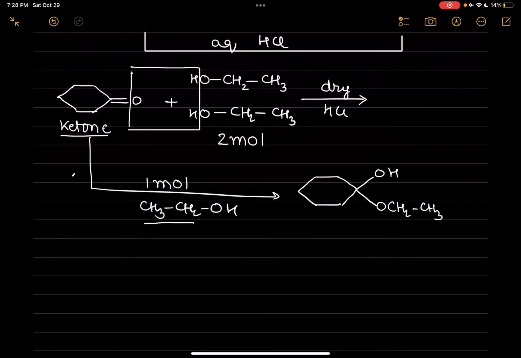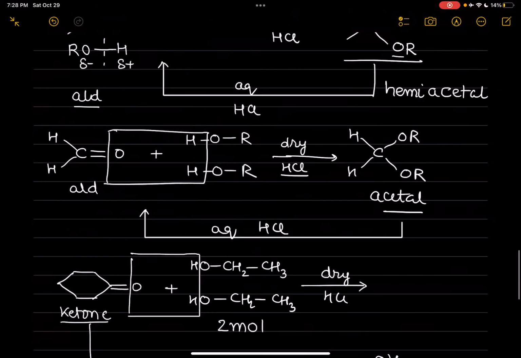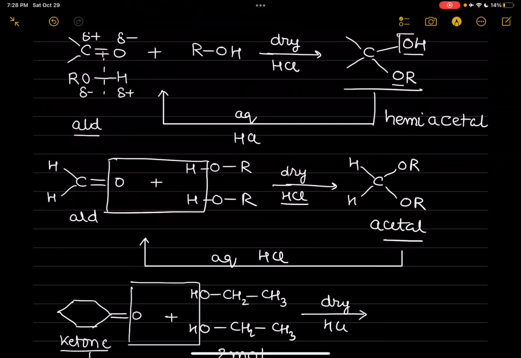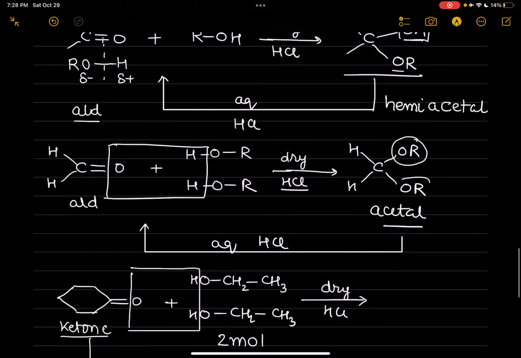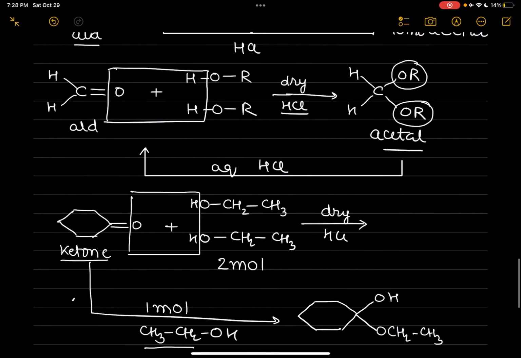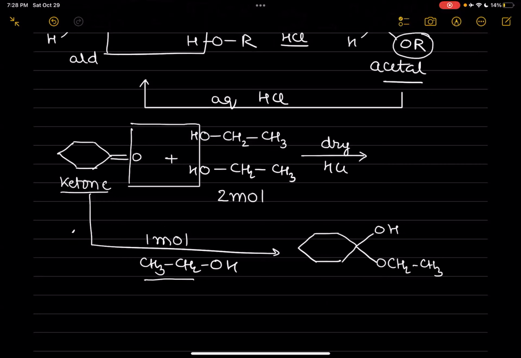It will be complete ketal. What I'm trying to ask: if there is one OH, if you add 1 mole of alcohol, it is always going to be hemi. Like in the above case, there was one OH and one ether group, so it was hemi. If you have two ether groups, it is not hemi, but whether it is acetal or ketal, that you can tell from the starting material, whether you started from aldehyde or from ketone. Is it clear? Yes, sir.